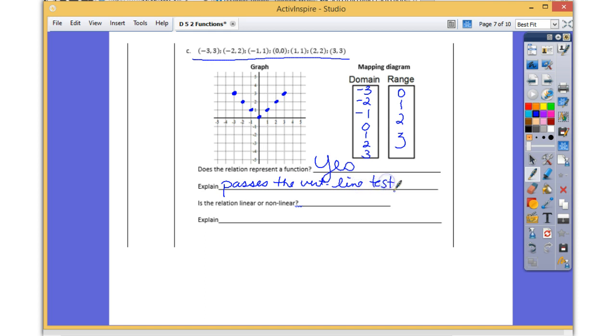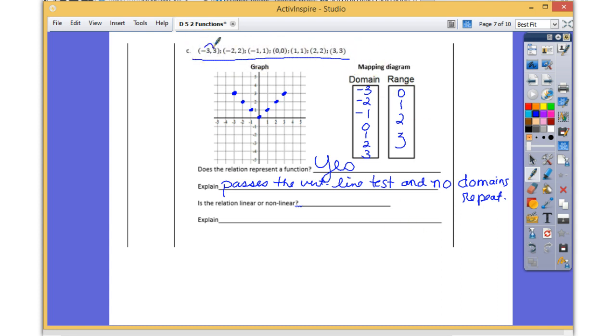What else? No domains repeat. But then they go, Mrs. Lennon, but the ranges repeat. What do we have two of? Didn't something repeat? Ones, zeros.